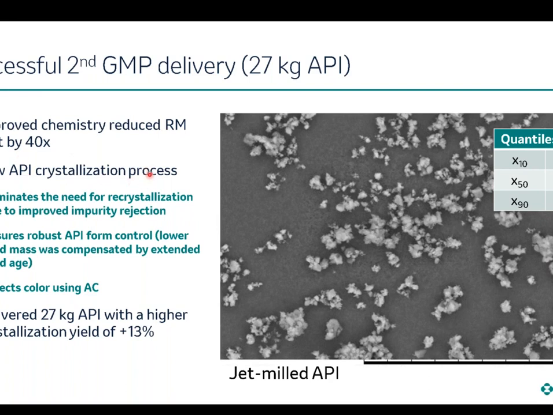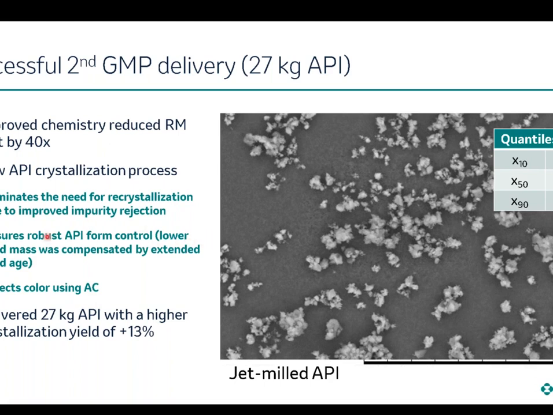The improved API crystallization process was able to eliminate the need for crystallization due to the improved impurity rejection, and ultimately we have obtained a very pure API in combination with the activated carbon treatment.